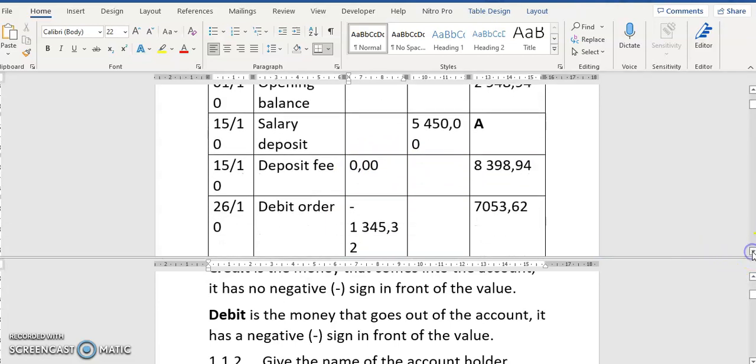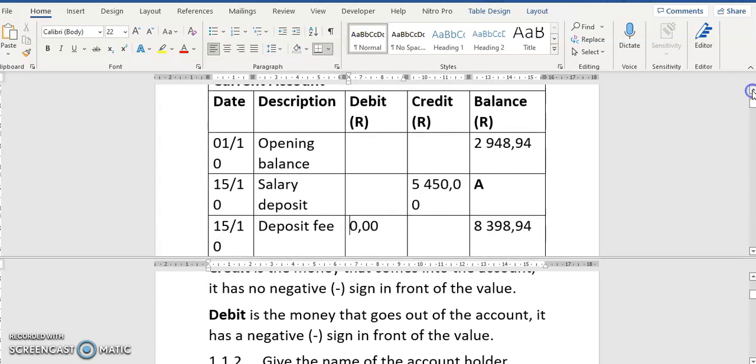But if you have any other value, like 1,345 Rand 32 cents, there is a negative there. Why? Because it's debit. So anytime you see a negative sign in front of a value, it is debit. If you check the table, it's placed under debit.